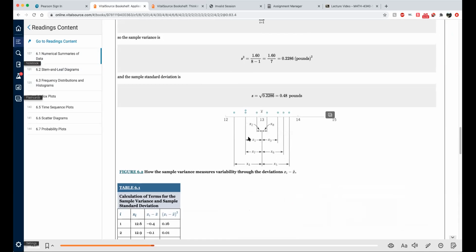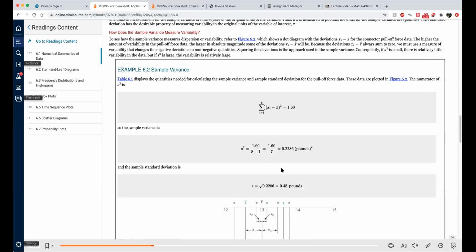So that's the measurement of how far away it is from x bar. This figure shows us the variability through the deviations, right?